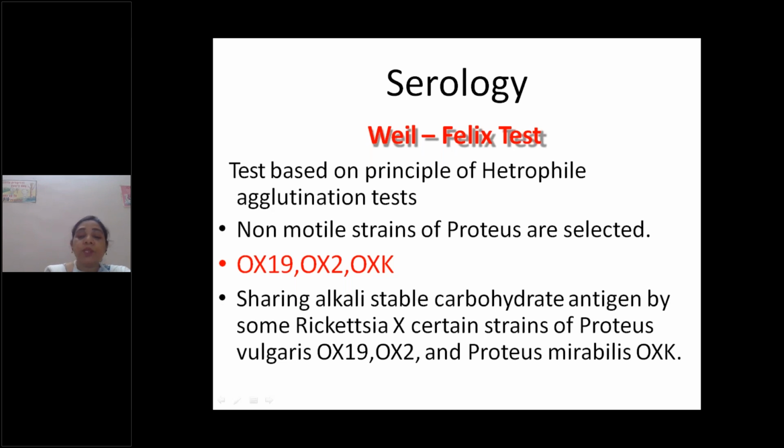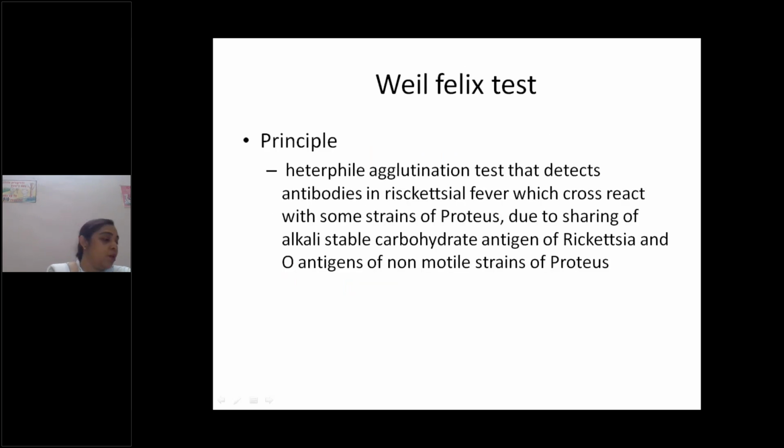This is due to sharing of alkaline stable carbohydrate antigen by some Rickettsia with certain strains of Proteus. What is the principle? Heterophile agglutination test usually detects antibodies in rickettsial fever which cross-react with some strains of Proteus.